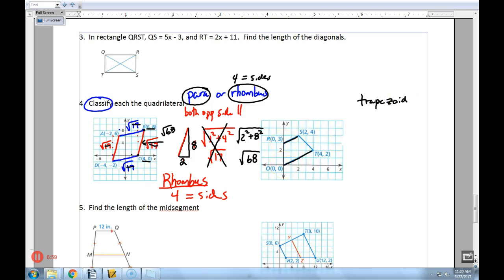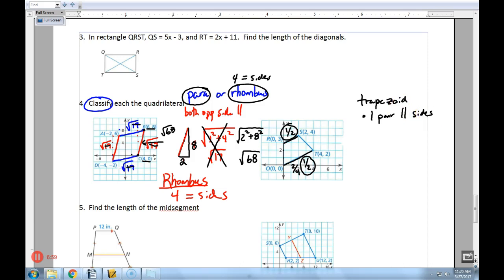Well, the slope of this line is 1/2, up 1 over 2. The slope of this line is up 2 over 4, which is also 1/2. So yes, this is a trapezoid for sure, because I have 1 pair of parallel sides. I check their slopes, they're equal.